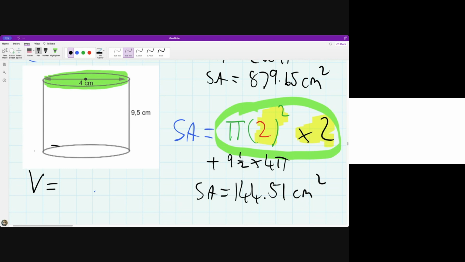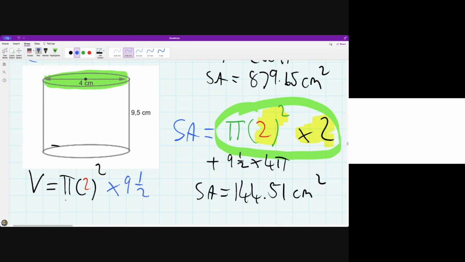Let's have a look. A half. Oh, wait, not a half because it's not a triangle. Watch out. Pi r squared is what I want. Pi r squared is the area of a circle, but I need to put a 2 there because the radius is 2. So pi r squared, but then I also need to times it by how many circles deep it is.